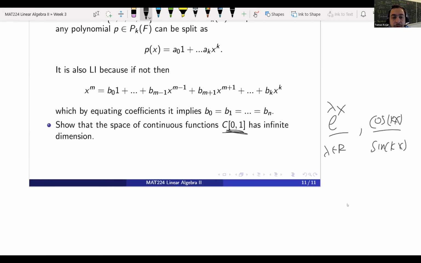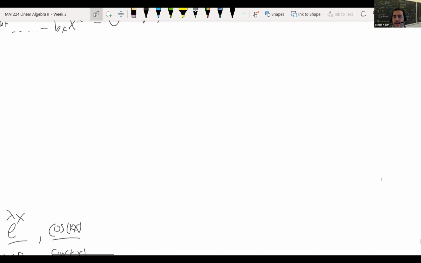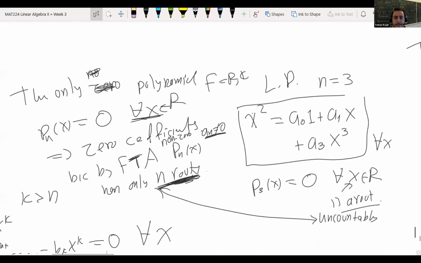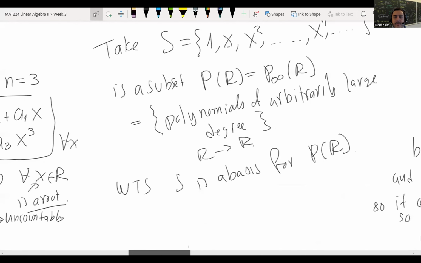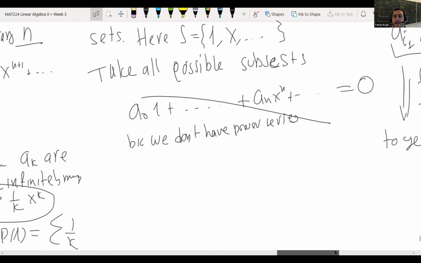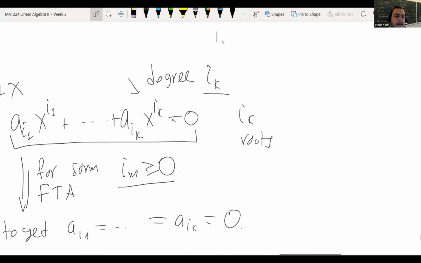Killian asks, what is the technical difference there? Can ik be like n? Yeah, ik can be like n, but the technicality here is that we don't know what i1 is. Let me do a silly example.